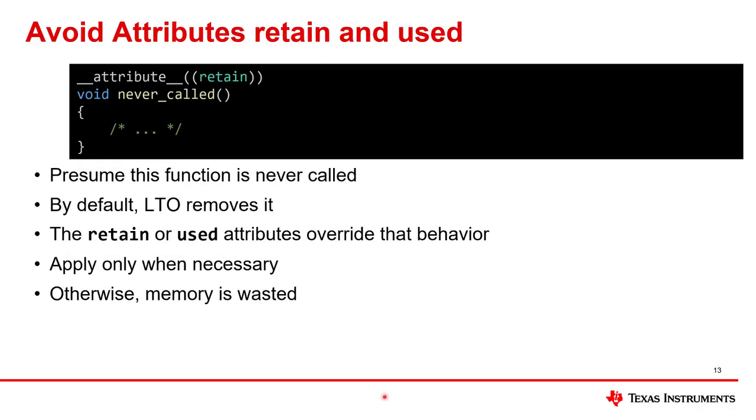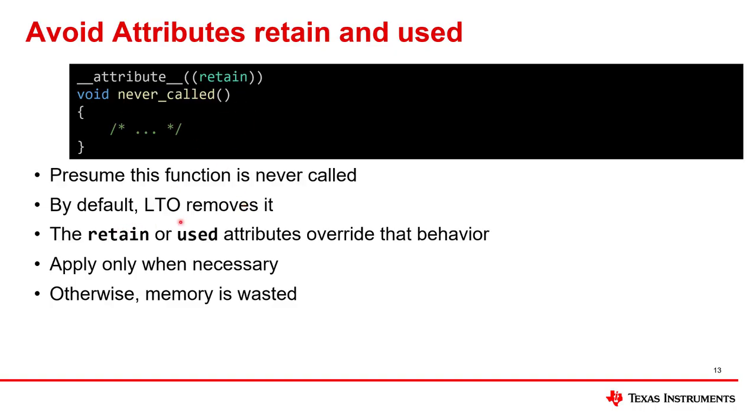Here is a caution regarding the function attributes retain and used. In this example, the attribute retain is applied to a function named never called. Presume this function is in fact never called in the program. Now by default, that is if the attribute retain were not present, LTO removes this function.